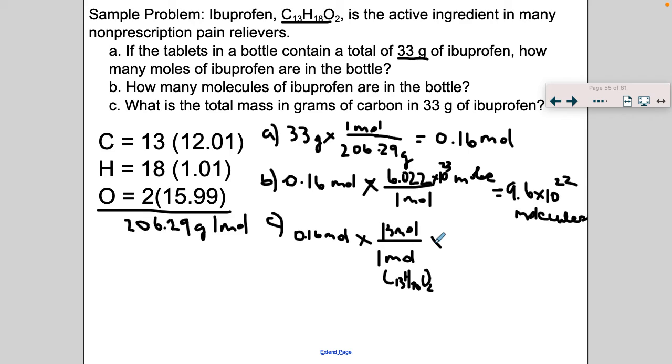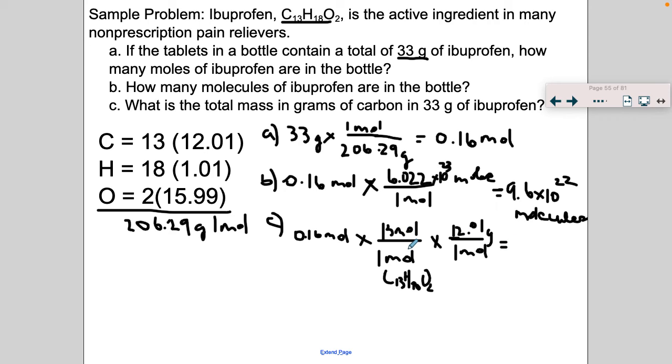And then what's the molar mass of carbon? 1 mole goes on the bottom, so the units cancel out, and then 12.01 grams on top.